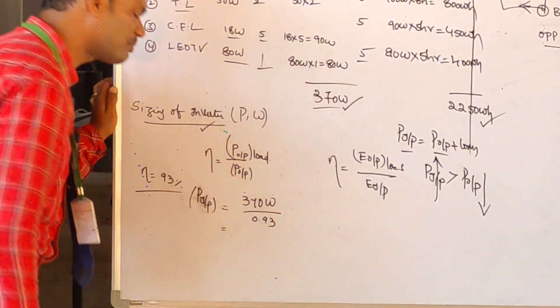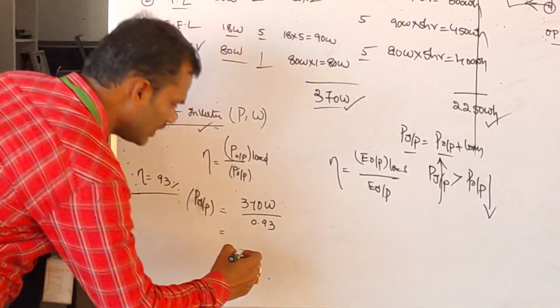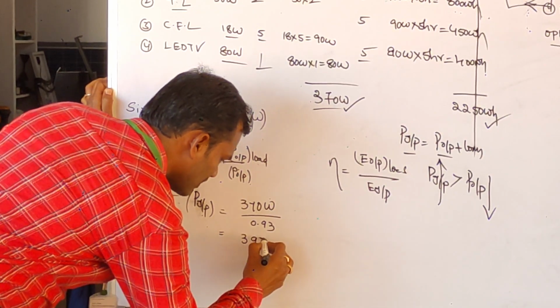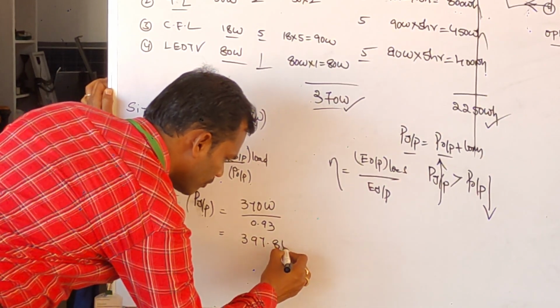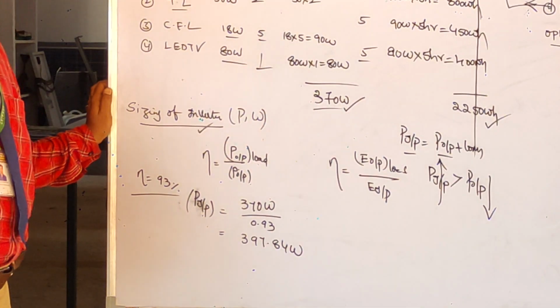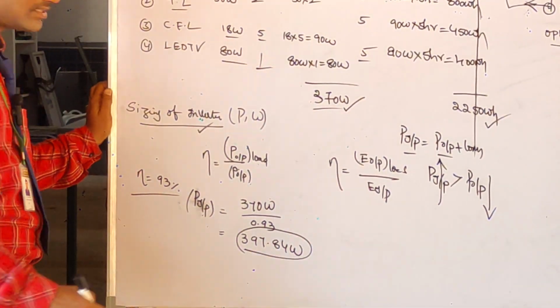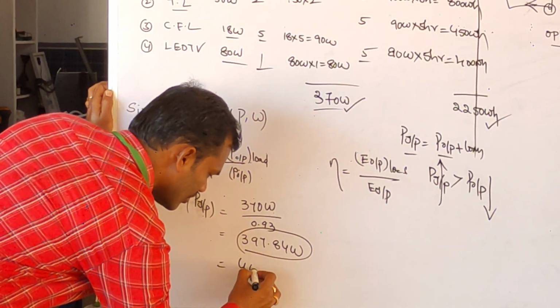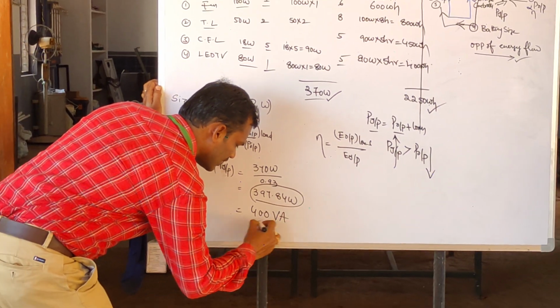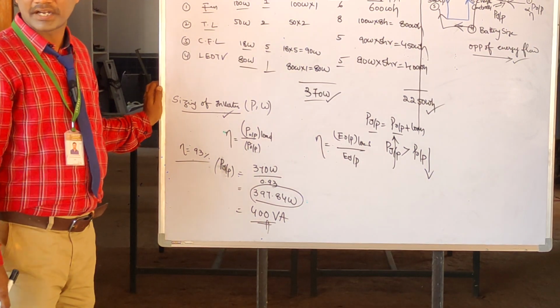The input power is 397.84 watts. We don't have such a rating in the market, therefore the rating of the inverter we require is 400 VA.